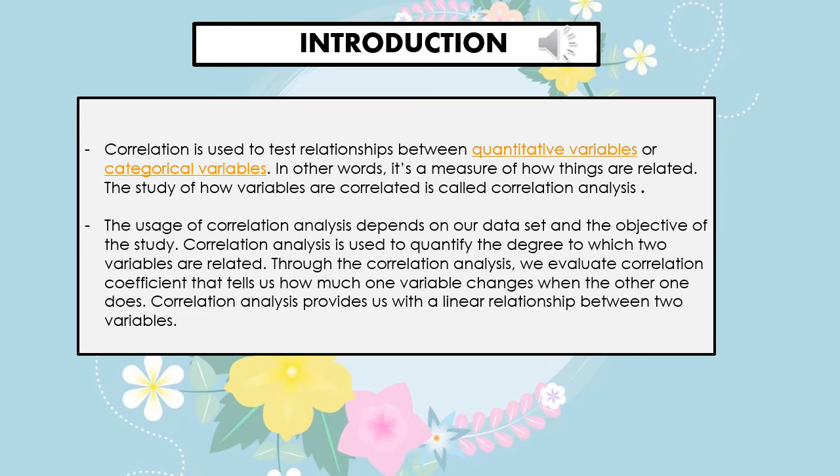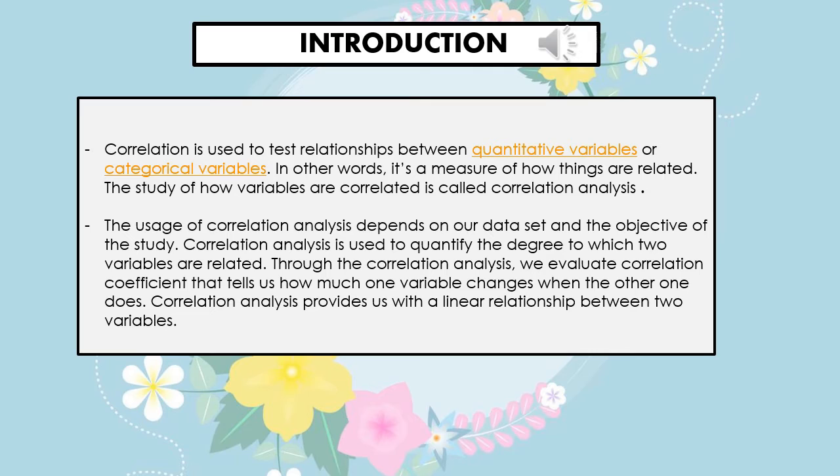What is correlation analysis? Correlation analysis is used to test the relationship between quantitative variables or categorical variables. In other words, it is a measure of how things are related, and it is also the study of how variables are correlated. The usage of correlation analysis depends on our data set and the objective of the study.